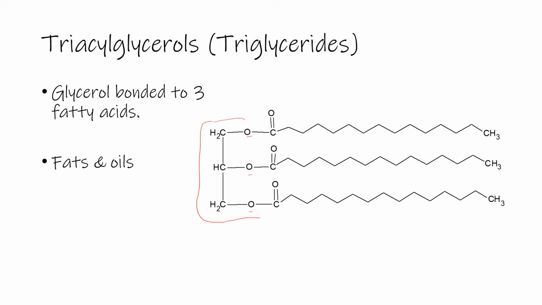So that structure of them being straight chains and not having a bend or a kink in it leads to higher melting points, leads to them being solids at room temperature.